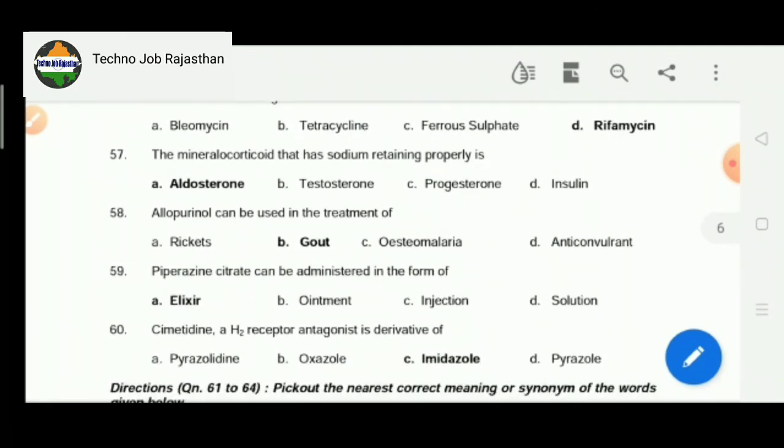Question 57: the mineralocorticoid that has sodium retaining property is option A aldosterone, option B testosterone, option C progesterone, option D insulin. So the correct answer is option A, that is aldosterone.